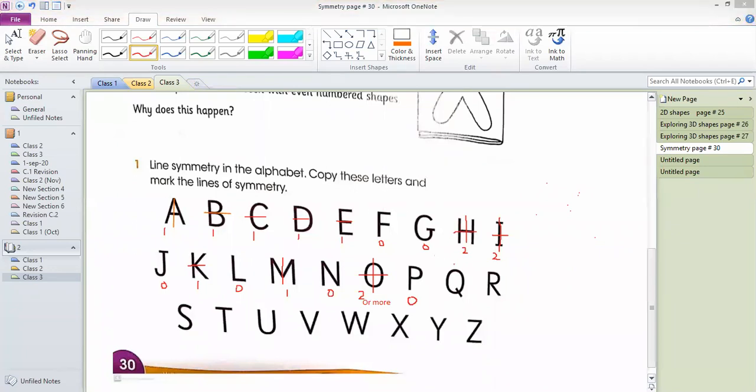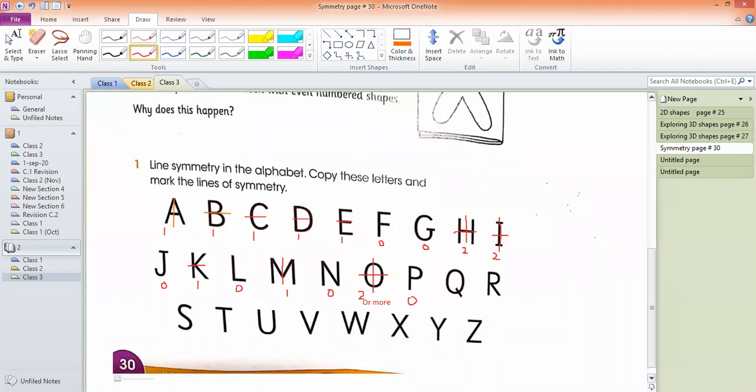Look, if I draw a line from the middle, look here, how is this symmetric? These two parts are not same. Even if you draw it horizontally, because of this one, this is not symmetric.